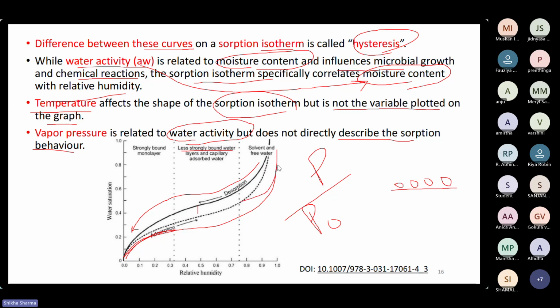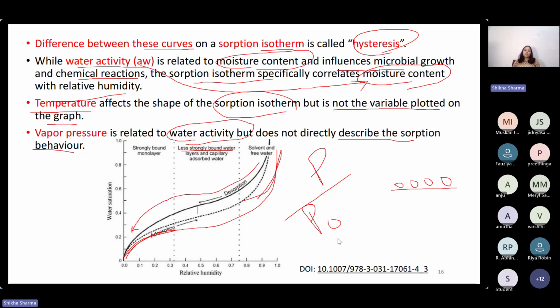In this particular third region is the water which is free water. This free water is going to be easily absorbed and easily dissolved also.